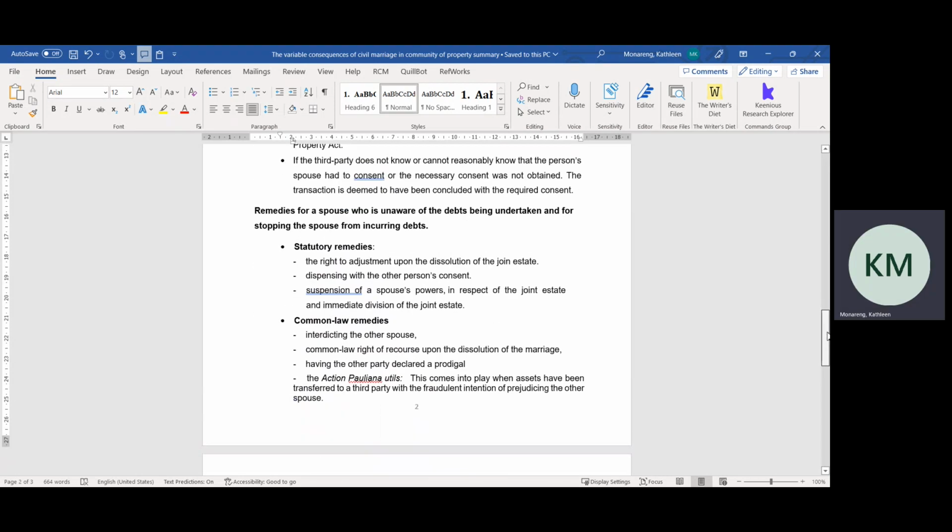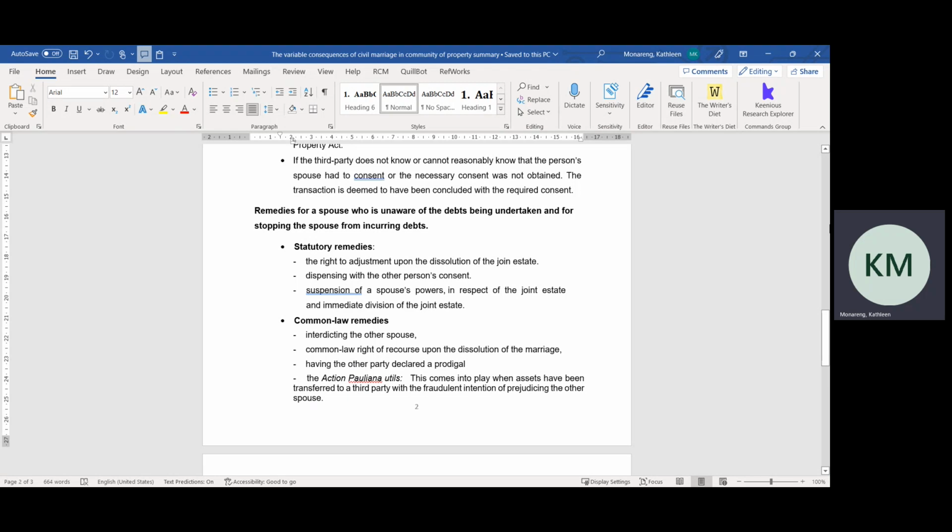Now, remedies for a spouse who is unaware of the debts that are being taken by the other spouse, and also remedies for stopping the other spouse from continuously making debt. We've got statutory remedies and common law remedies.